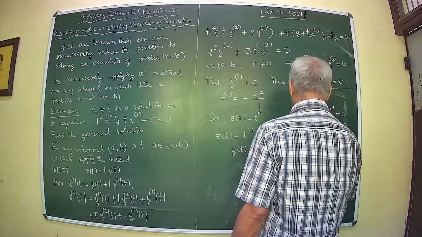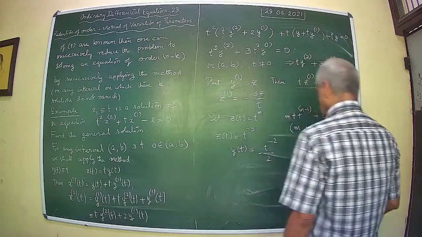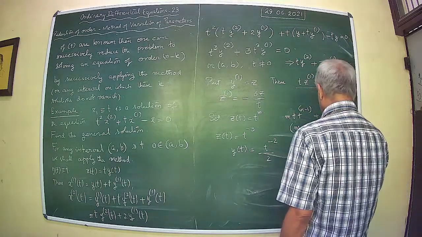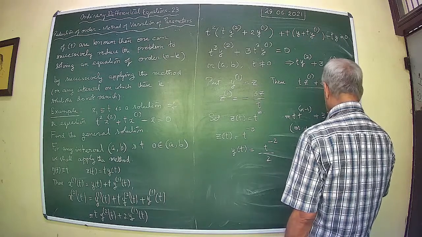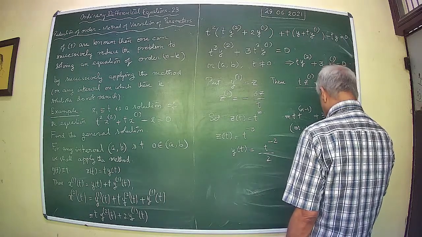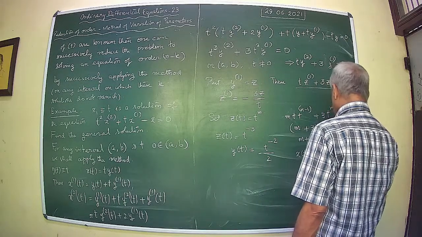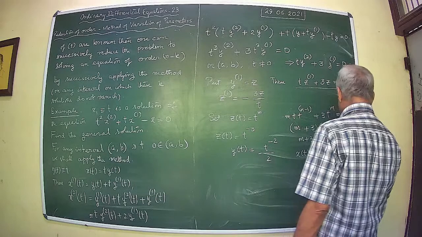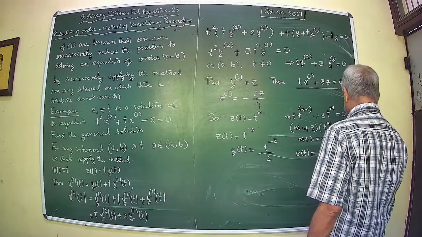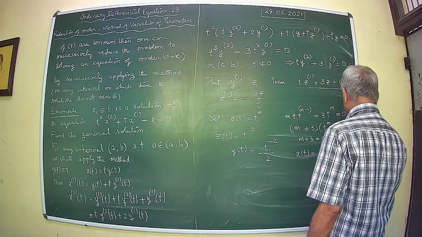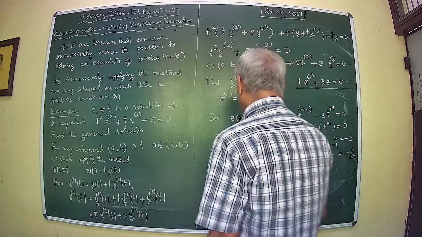So xt equal to minus, since it's homogeneous, it doesn't matter the constants.